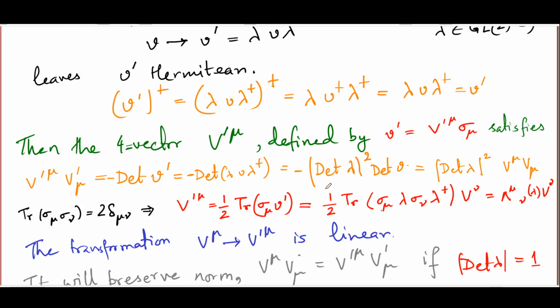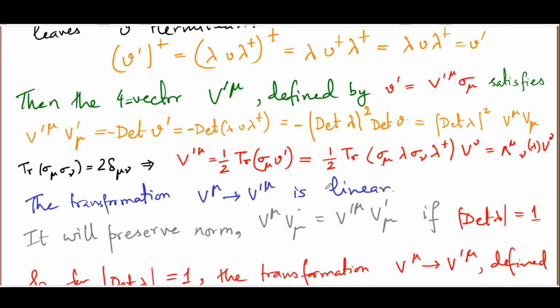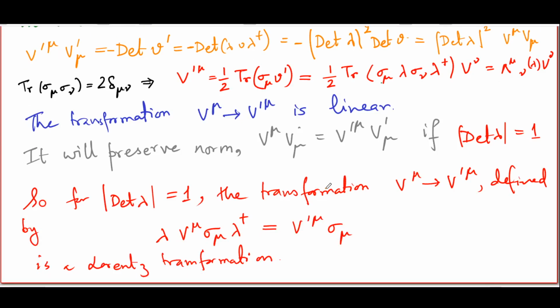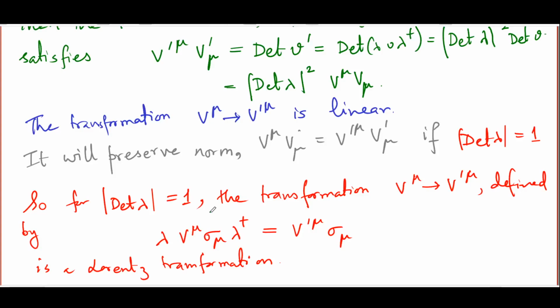So if we only consider those matrices in GL2C whose determinant is a pure phase, this transformation is going to actually preserve the norm and it's linear. So this is then going to be a norm preserving linear transformation, that is, it is going to be a Lorentz transformation.